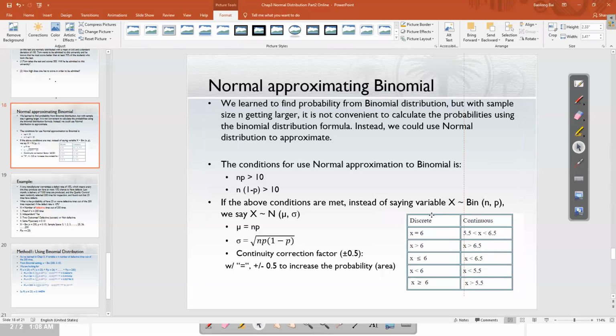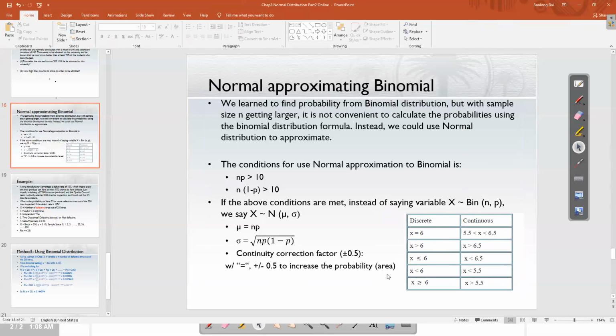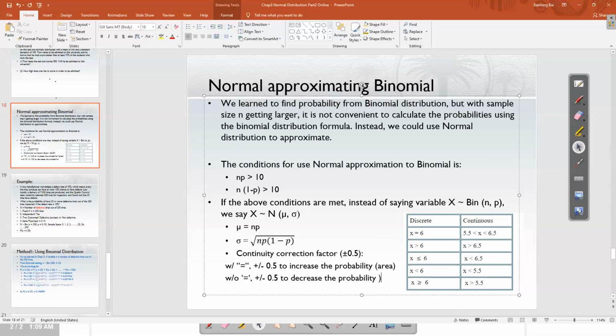Probability in a density curve is just area, right? So that's the rule. Then if you don't have the equal sign, we still either add or subtract 0.5 from the boundary, but now we decrease the probability or area.